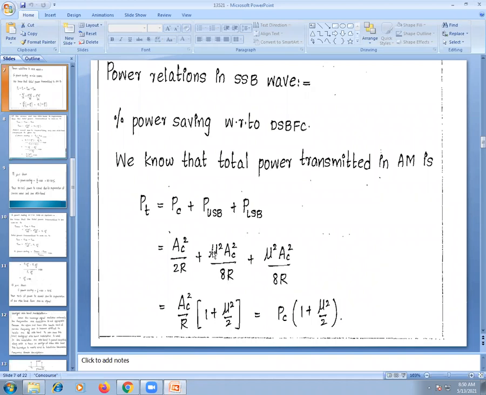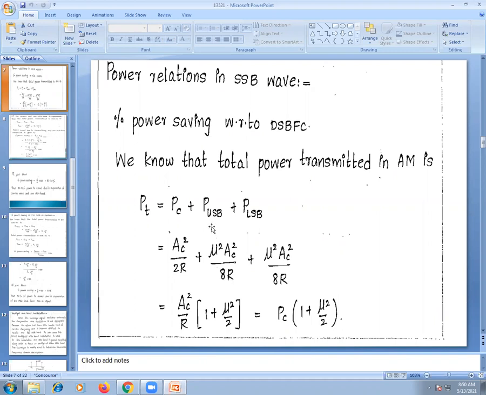That is the modulation index, as denoted in the previous classes. The modulation index is also called depth of modulation or percentage of modulation. So the carrier power is AC square by 2R, plus M square AC square by 8R, plus M square AC square by 8R.